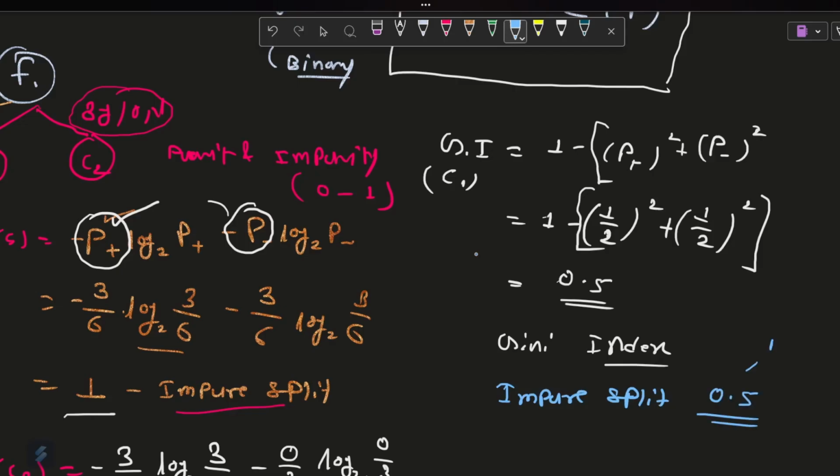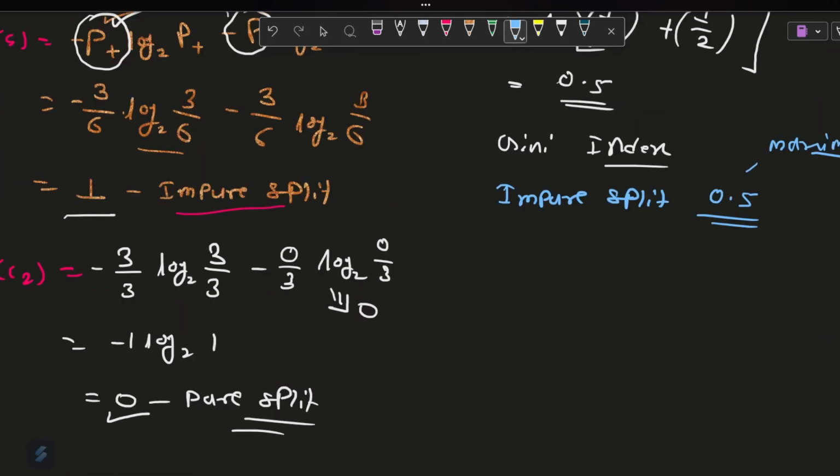It's the maximum, right? Maximum. And similarly, when you calculate using entropy, for an impure split the maximum is 1, right? That is the concept of the Gini index and Gini impurity.